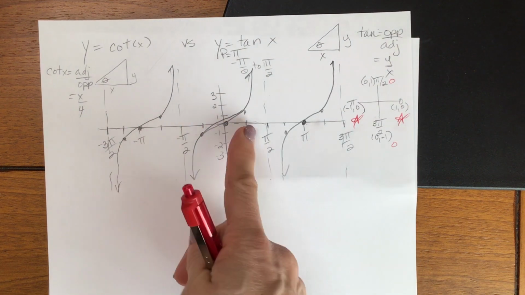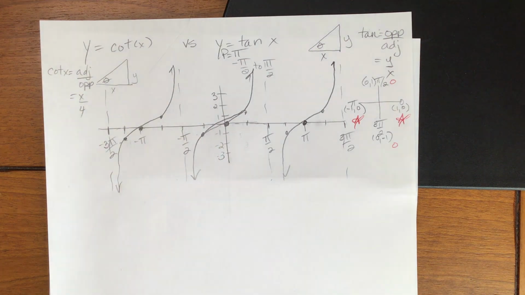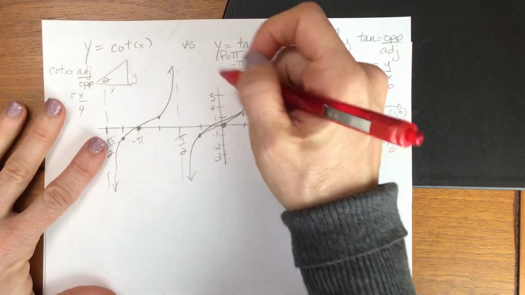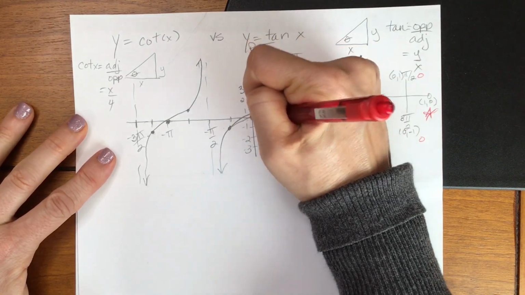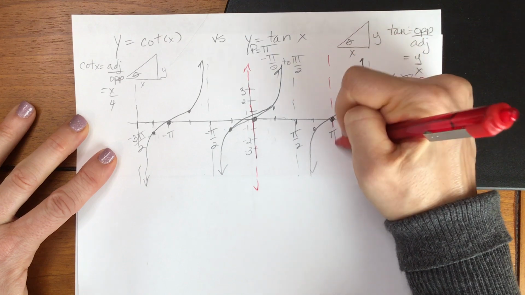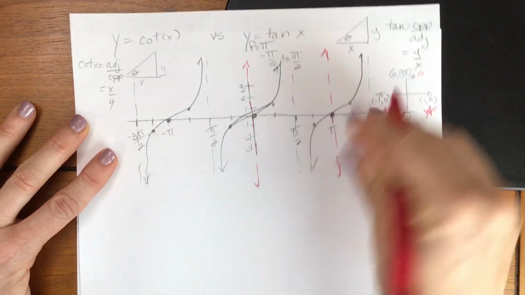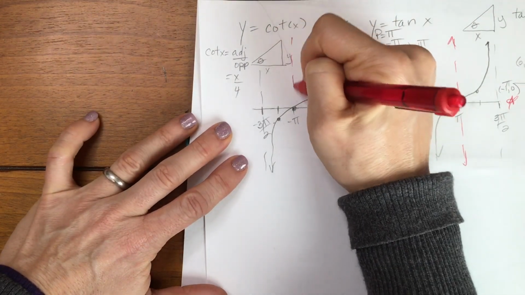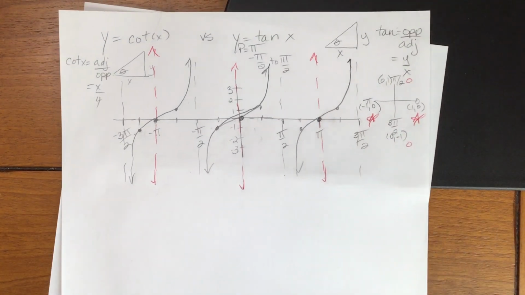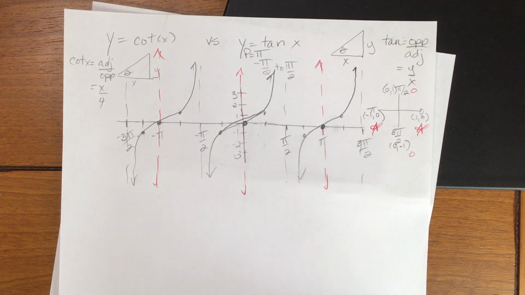And so it shifted them over. And so every time we have a 0 for our tangent, we're really going to have an asymptote. So here's my cotangent graph, has asymptotes at all the zeros of my original tangent graph. And they're still all pi length apart.